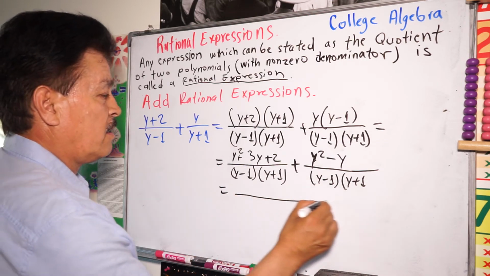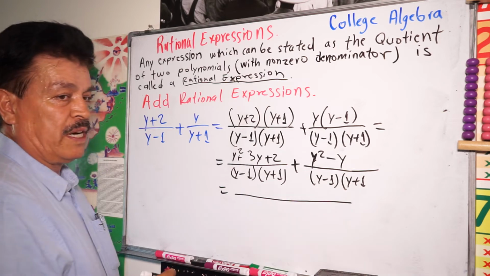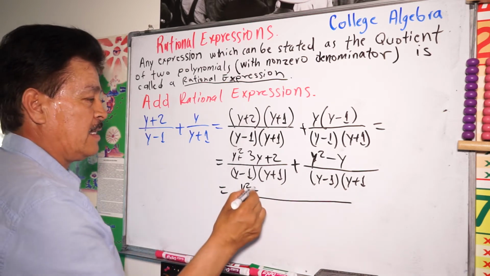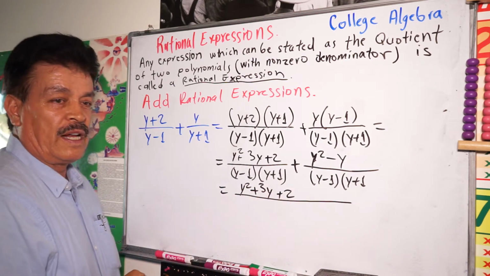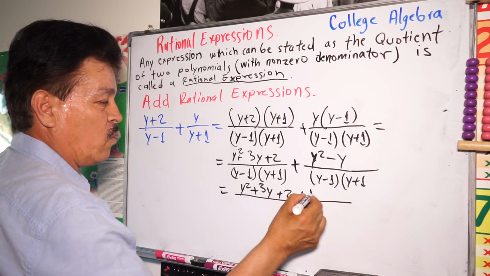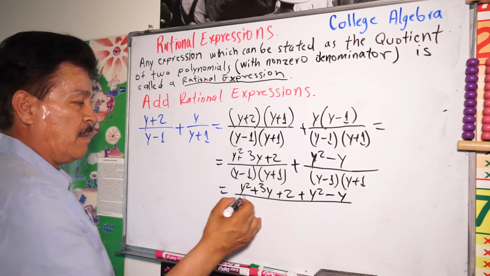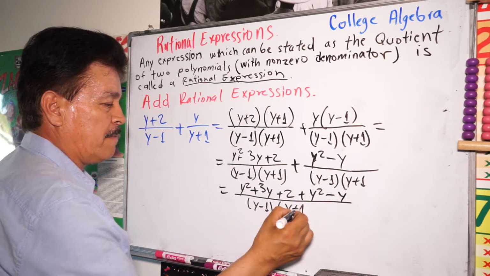Simplify all rational expression. When you add it, we are going to have y squared plus 3y plus 2, plus y squared minus y divided by y minus 1 times y plus 1.